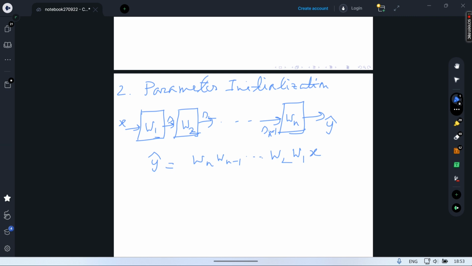So the final output y hat is nothing but the multiplication of the n matrices and then the input x. Now what will happen if these Wi's are approximately, say, 0.05?